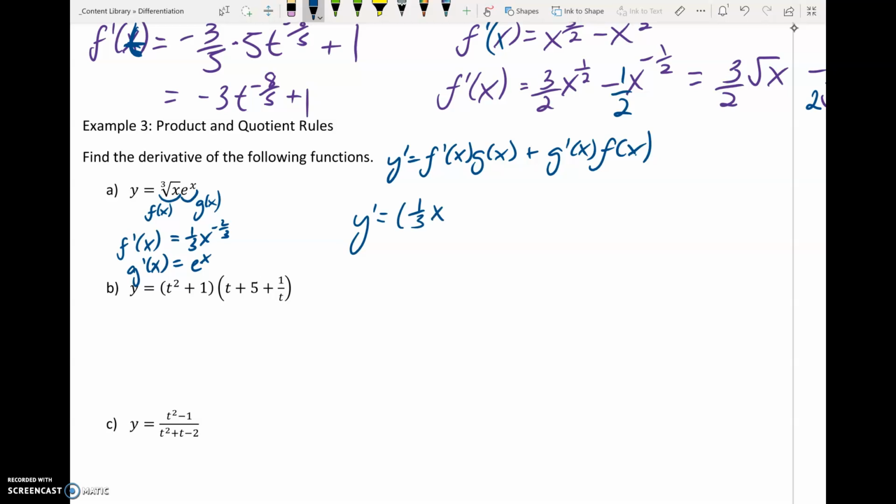It's 1/3 x to the power of negative 2 over 3. And g of x is from the original equation, which is e to the x. g prime of x we found, which is e to the x. And then f of x in our y was cube root of x. And that's it.